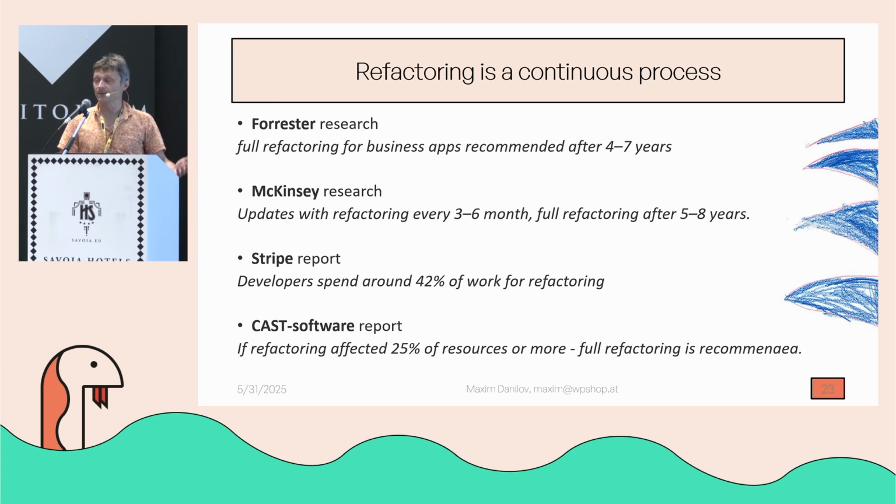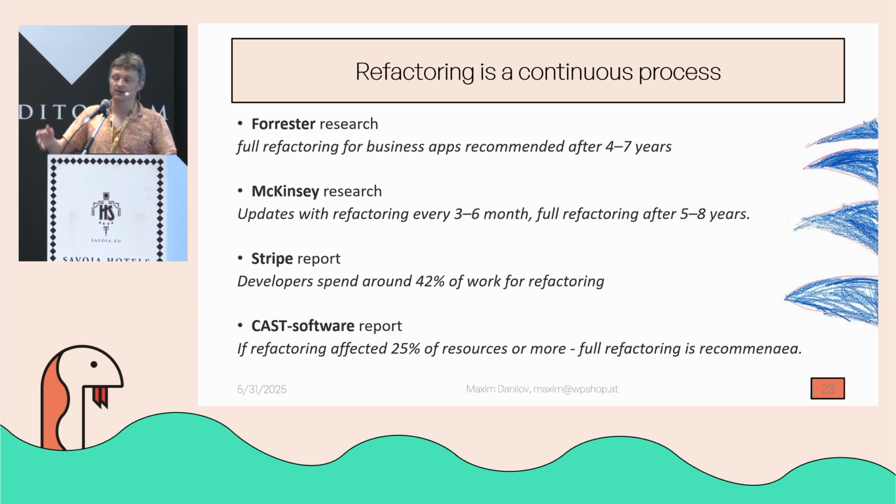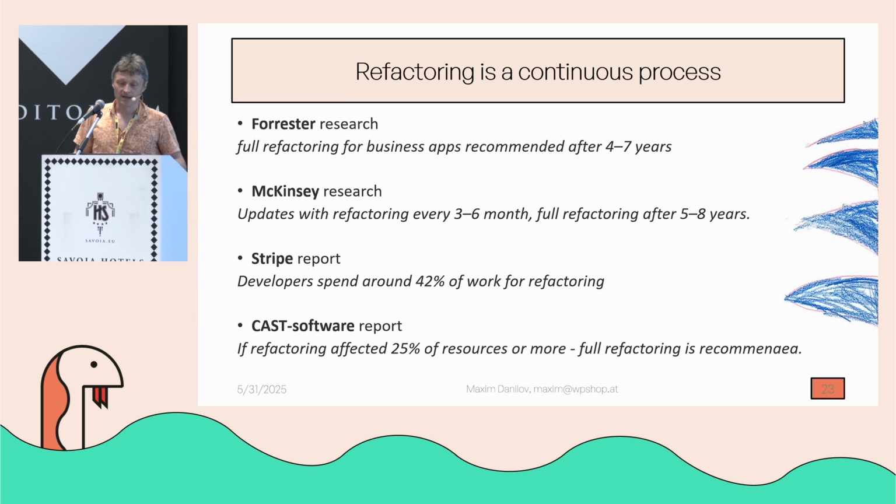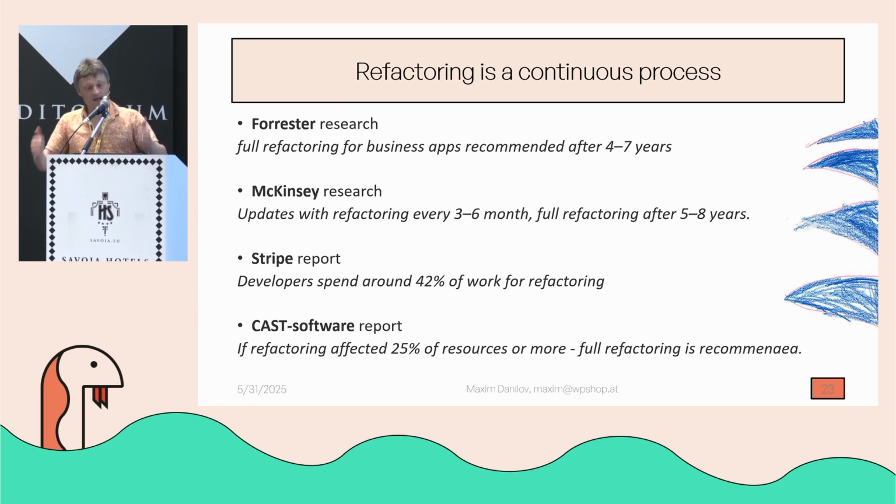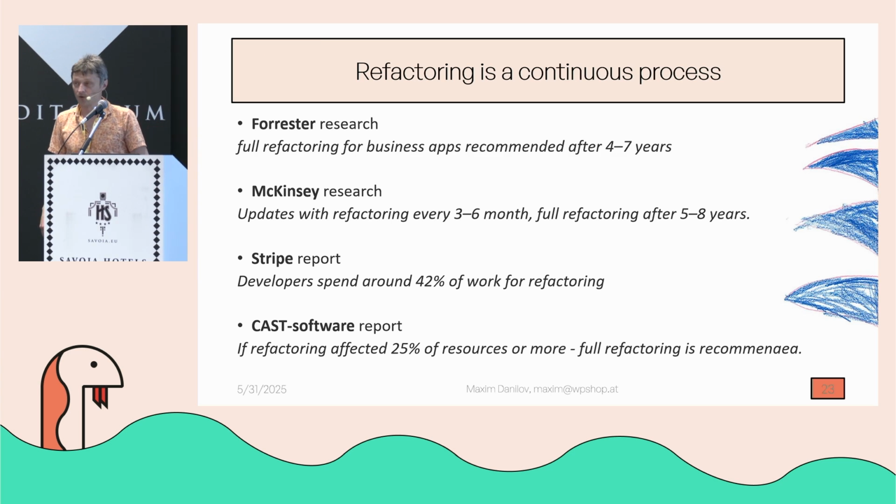Full refactoring for business apps is recommended after 4 to 7 years. McKinsey research: updates with refactoring every 3 to 6 months, and full refactoring after 5 to 8 years. Stripe report: developers spend around half of their work time on refactoring.